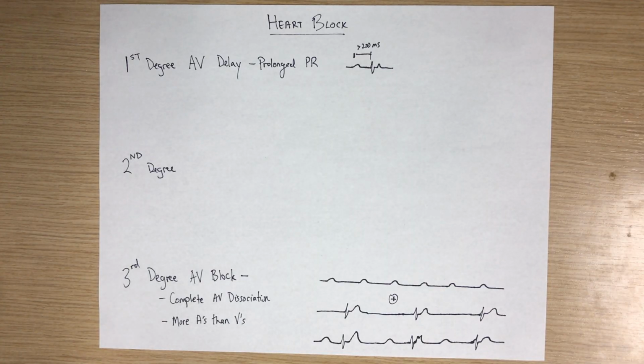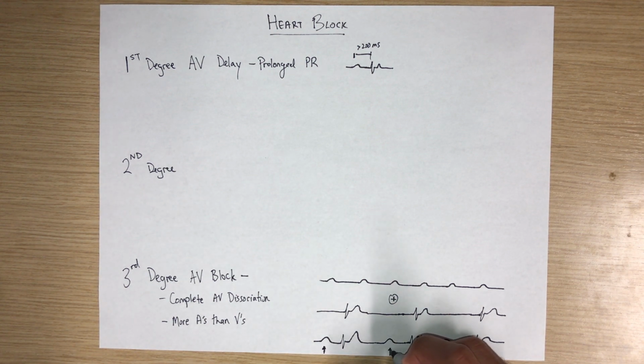You can see here that in third degree AV block or complete heart block, sometimes the P waves are nice and discrete if they happen to fall away from everything else.